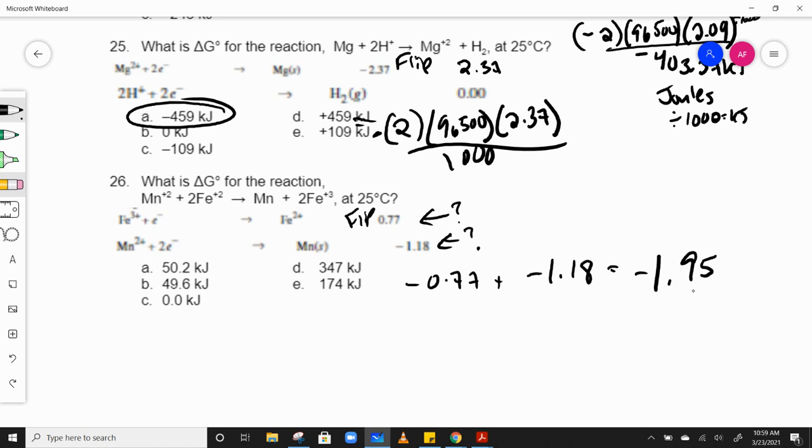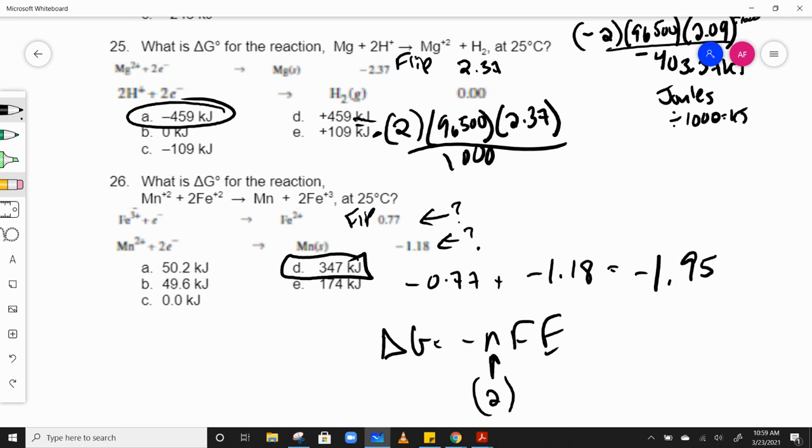Plug it into delta G equals negative nFE, where n in this case is 2, all that good stuff. And when you do all the work, you get D as your answer. Don't forget to divide by 1,000, because the answer is going to be given in joules, and then divide by 1,000 to get kilojoules.